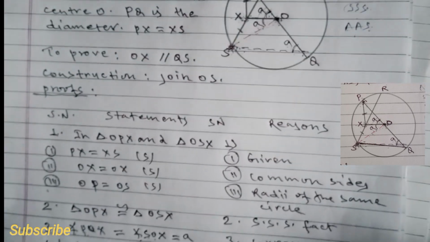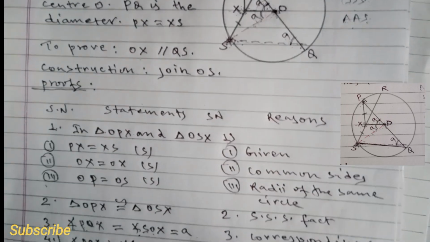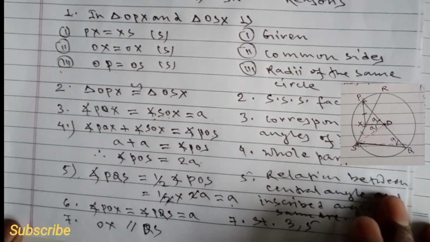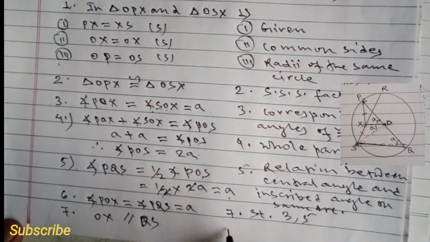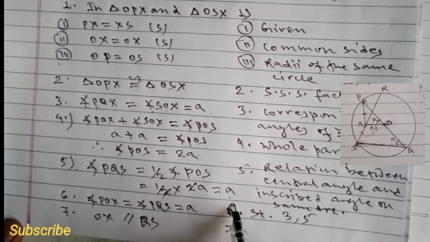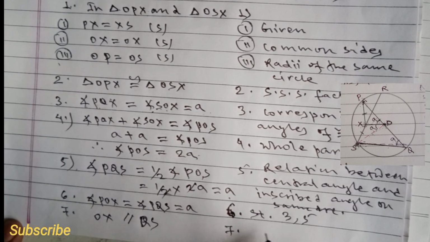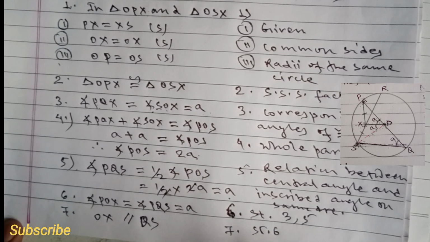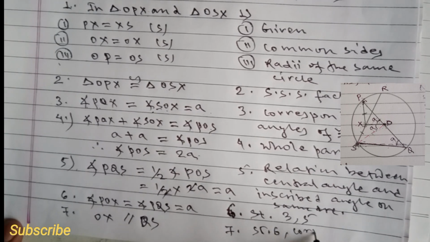So dear students, we have got OX parallel to QS, which is the proof of this question number 24. So number 7, this is statement number 6. In number 7, this is from statement 6, being corresponding angles equal.